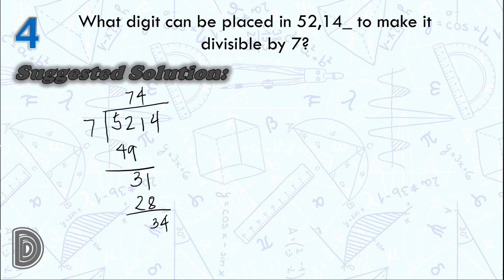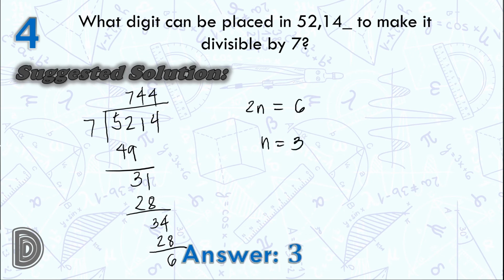Bring down 4. Then we have 34. 4 times 7 is 28. Then we have 6. We have a remainder of 6. Then the remainder is twice the required number. Let n be that number. So 2n is equal to 6. So n is equal to 3. The answer is 3.